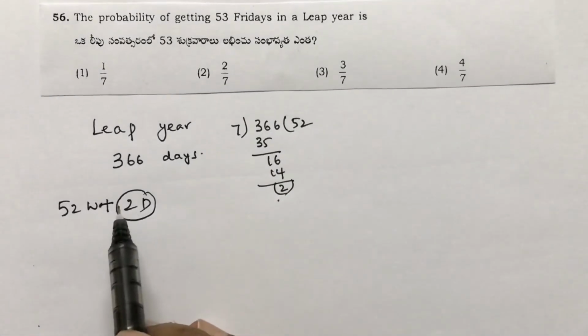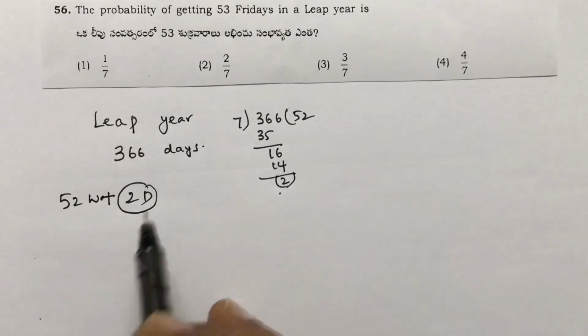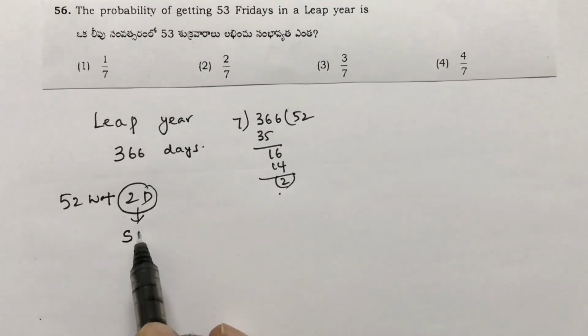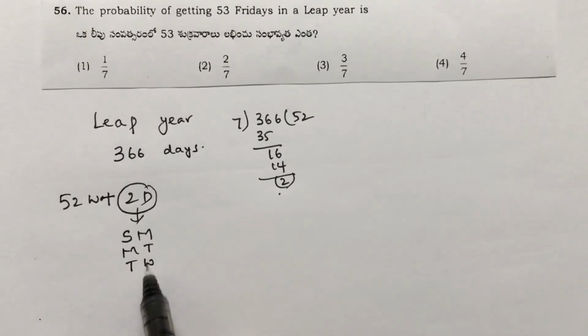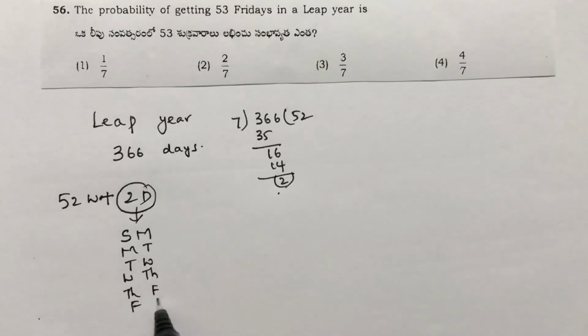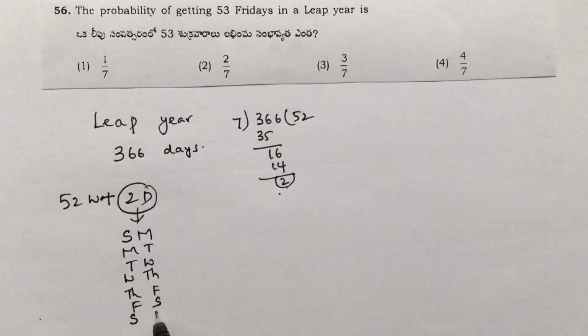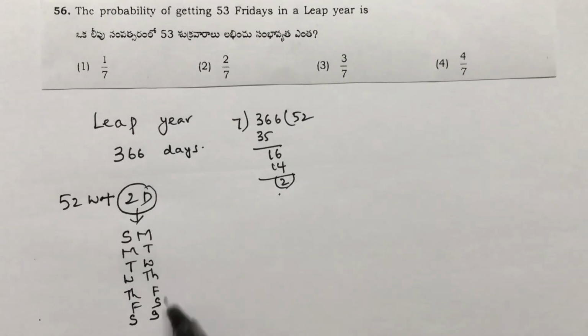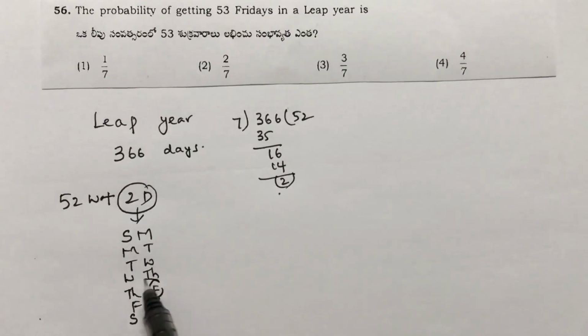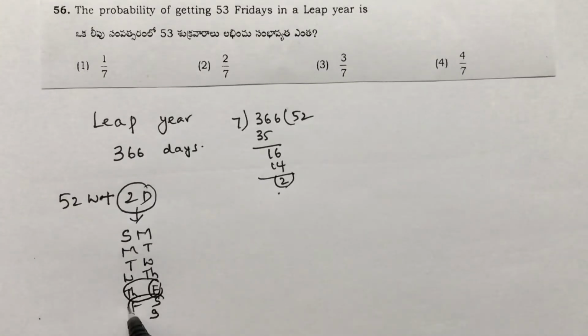These 2 days may be Sunday Monday, Monday Tuesday, Tuesday Wednesday, Wednesday Thursday, Thursday Friday, Friday Saturday, or Saturday Sunday. So these are all the 7 possible cases, the sample space. In these 7 cases, how many times are you getting Friday? You're getting it in this case, and in this case.